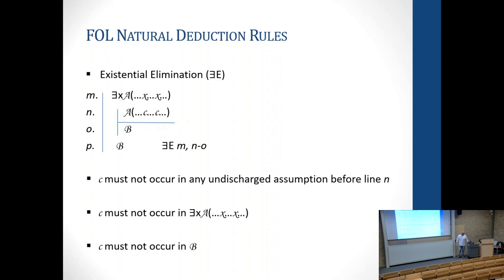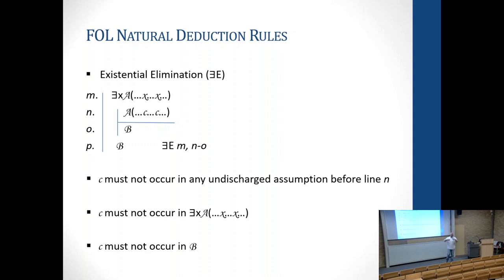A pro tip here: weirdly, a lot of times, the last rule you will use in these kinds of subproofs is going to be existential introduction. That seems really strange. But the reason the last move in the subproof is going to be existential introduction is it's an easy way to guarantee that you get rid of the arbitrary name.